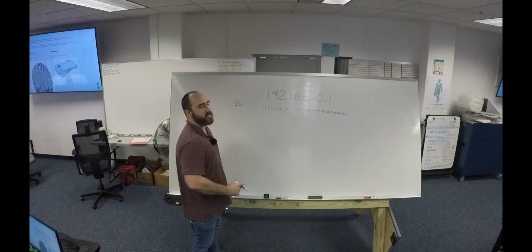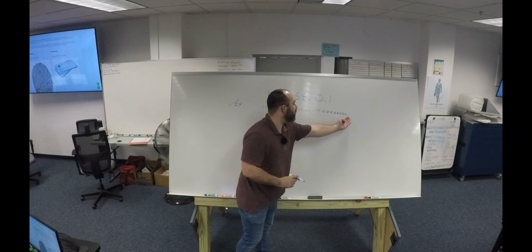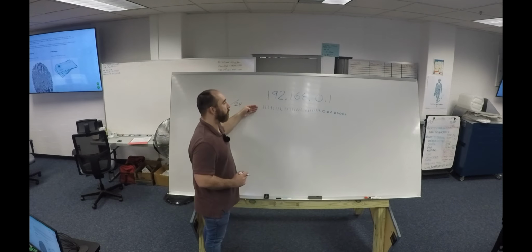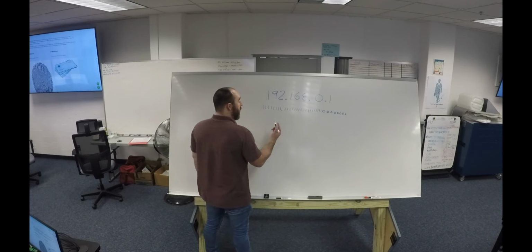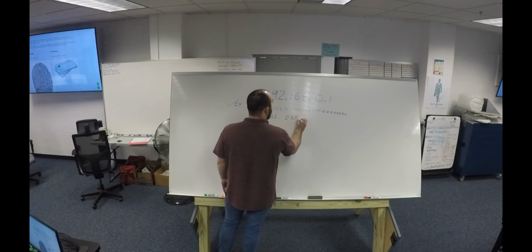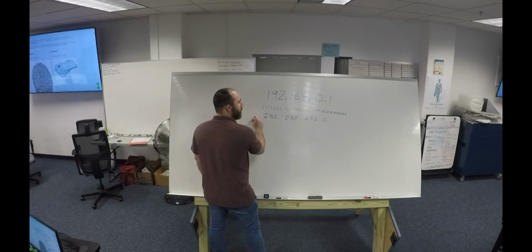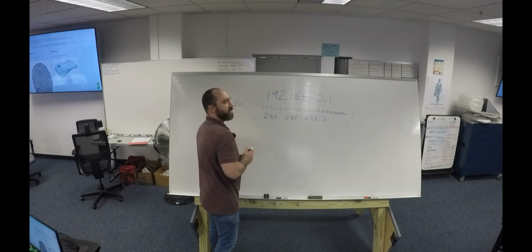That means 24 bits are turned on for the network. This is the host portion. We convert this from binary to decimal to get the subnet mask, which is 255.255.255.0.